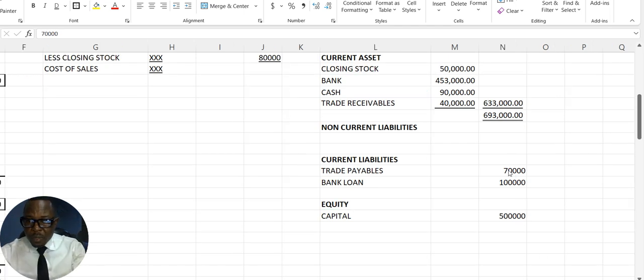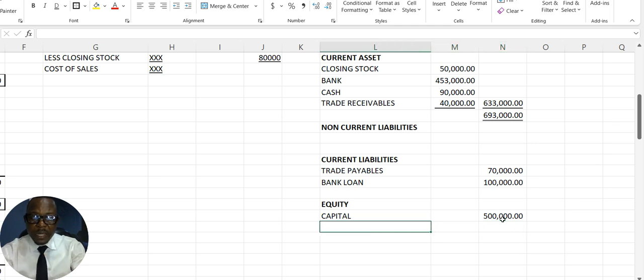So let's put this so that it can show thousands. All right. Friends, let's adjust our capital to be 500, because we are supposed to have a bank loan which is 100,000, and it has to be separated in the ledger account. I've separated that in the other accounts now.